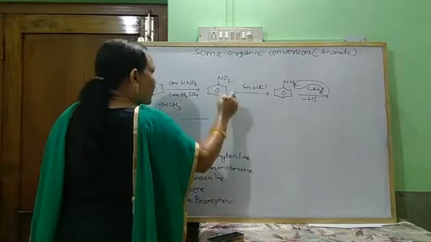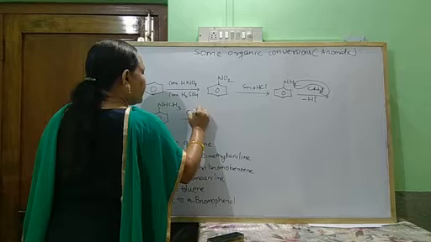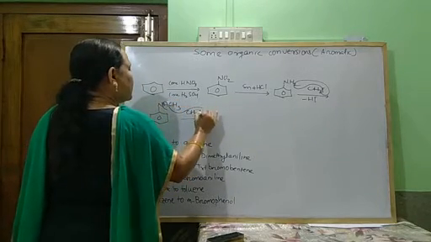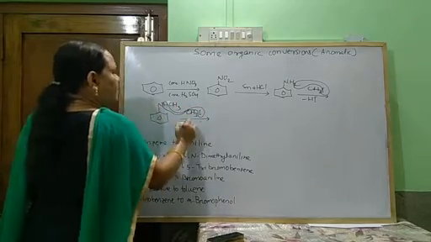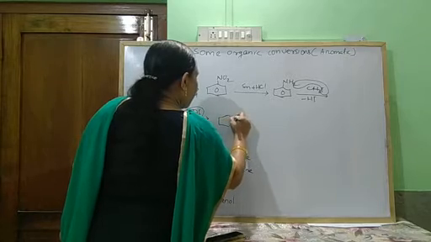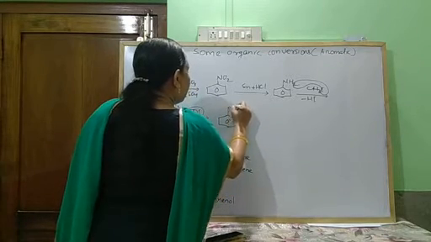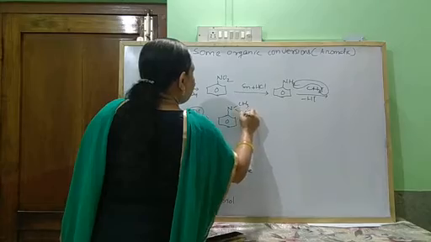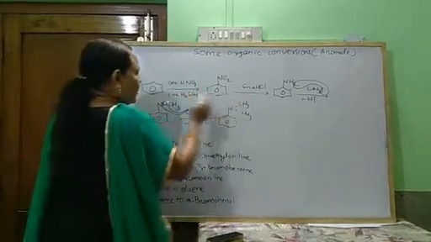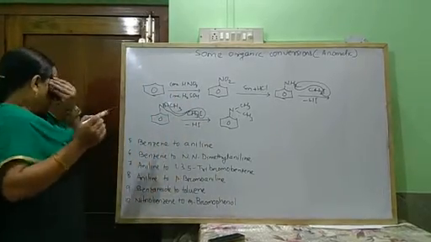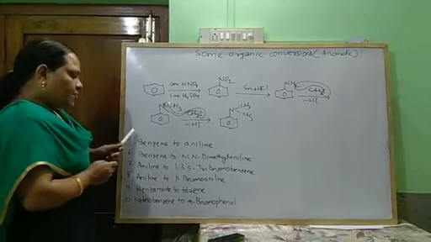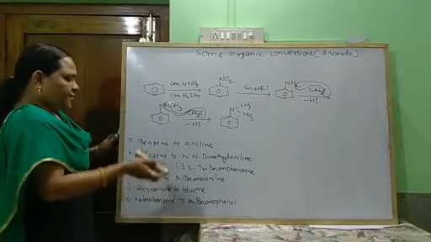And then N-methyl aniline, when again treated with methyl iodide, another mole of HI is removed and it forms N,N-dimethyl aniline. This is first benzene to aniline, then benzene to N,N-dimethyl aniline. Okay, so 5 and 6 are over.